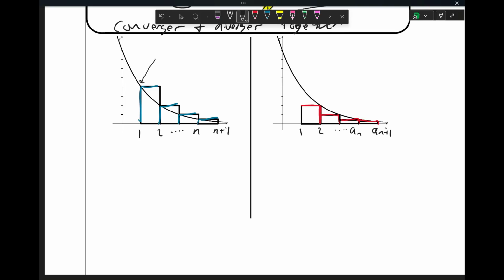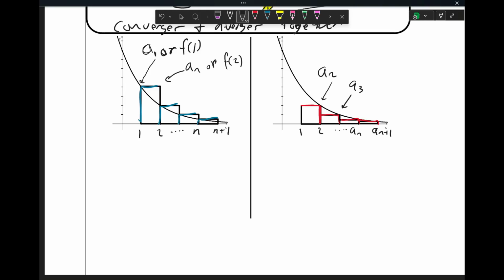So when we're talking about this value where it's hitting the function, this is when n is 1, so this is like a sub 1, it's the first term, or you might think of it as f of 1. This is when n is 2, so this is like a of 2 or f of 2, same thing. Whereas over here, we're actually going to start with the second term, because the first term doesn't hit the function, and this is a right Riemann sum. So we're going to start with the second term, and then the third term, etc.